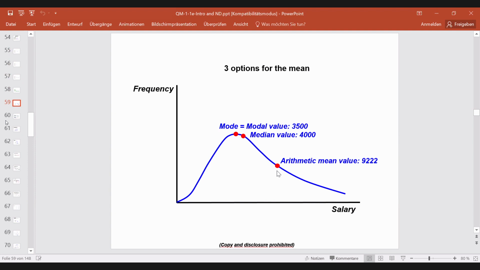In most of the applications and measurements in the industry, they take the arithmetic mean because they have a normal distribution. But if it is not a normal distribution, then it can be that the median value or the modal value is better.